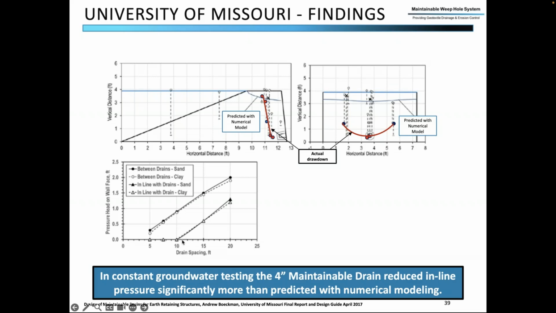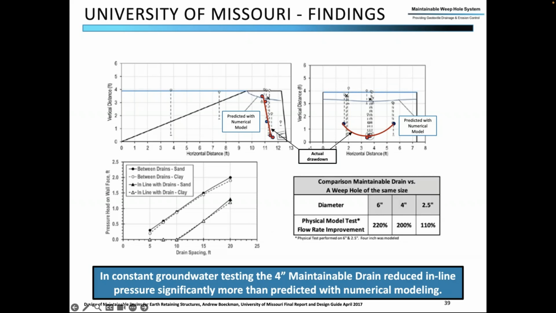And if you go past 10 feet, pressure will increase at the unit. So not all the water will be draining out at the unit. Now, they did this with different kinds of backfill. So they were able to model some clay versus sand to come up with their observations.